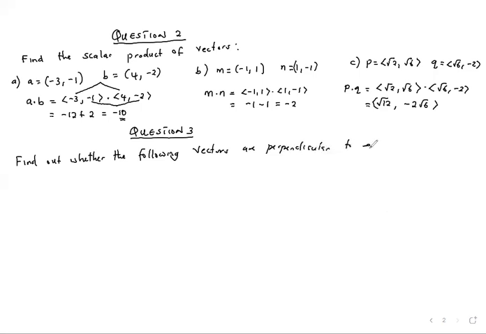Remember what we said? We said that two vectors u and v are perpendicular if their dot product is equal to 0.